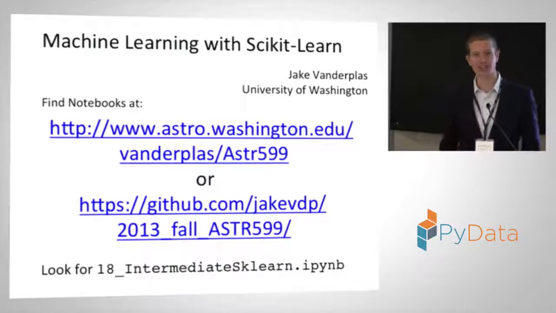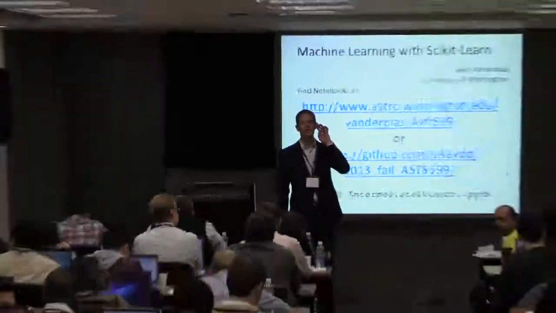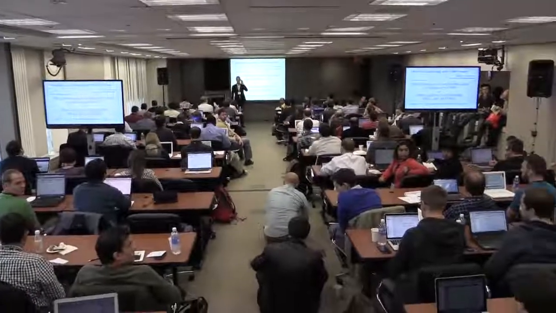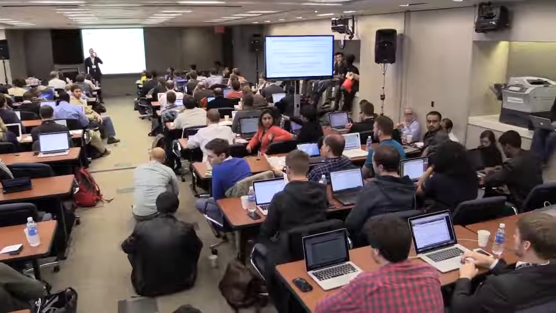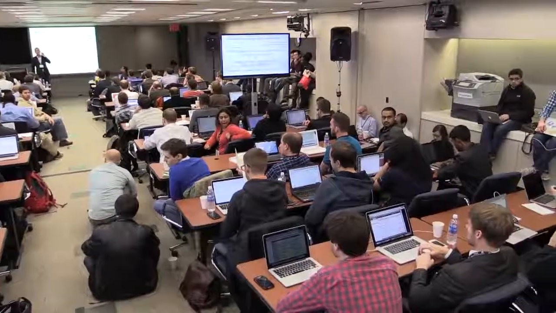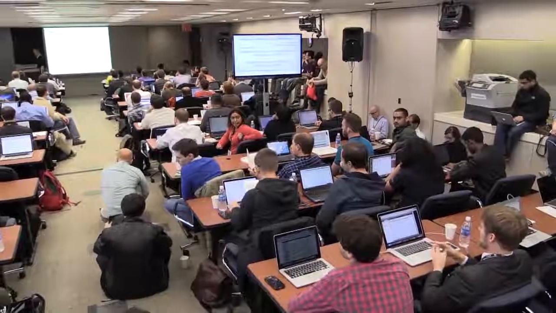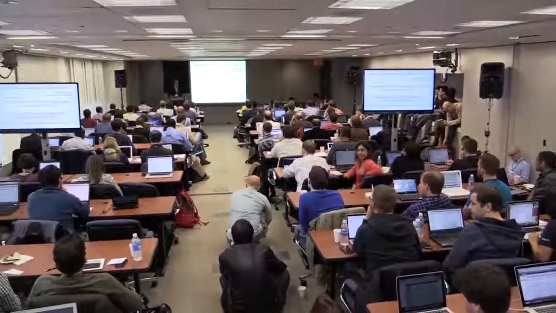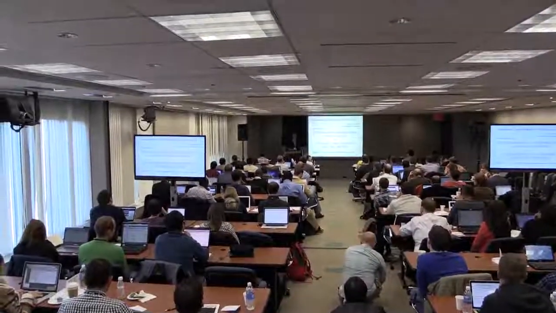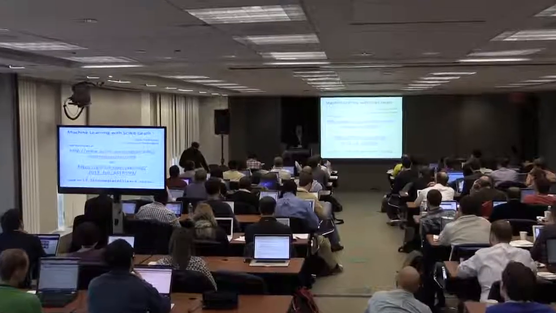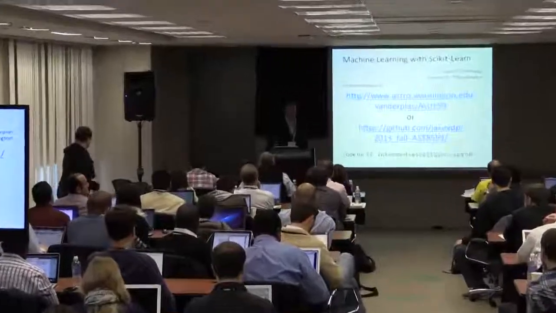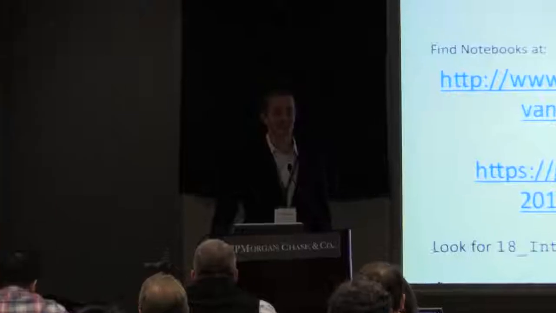I see one question in the back. The question was, can you generate a model in scikit-learn and then pass it off to something like a Java API for production? I'm not extremely familiar with that. I think it's pretty hard, actually, unless you have some sort of Python instance running within your Java deployment.